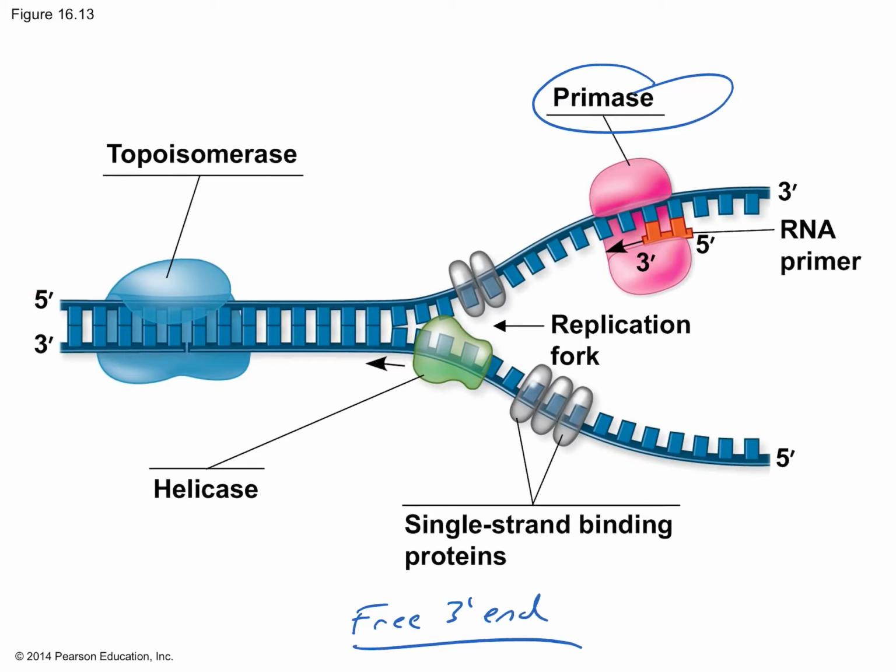The reason for that is because DNA polymerase, the enzyme that does all the work here, can only move in the 5' to 3' direction. This enzyme, DNA polymerase, can only move in the 5' to 3' direction. So, by starting at a 3' end, it's moving in the 5' to 3' direction by constantly adding on to an existing 3' end. Remember that. That's a really important rule. Okay? All right.